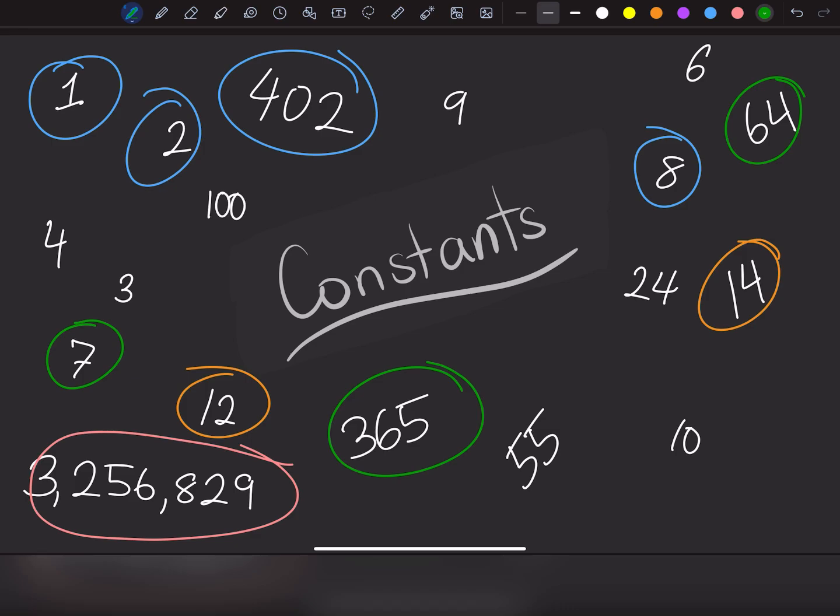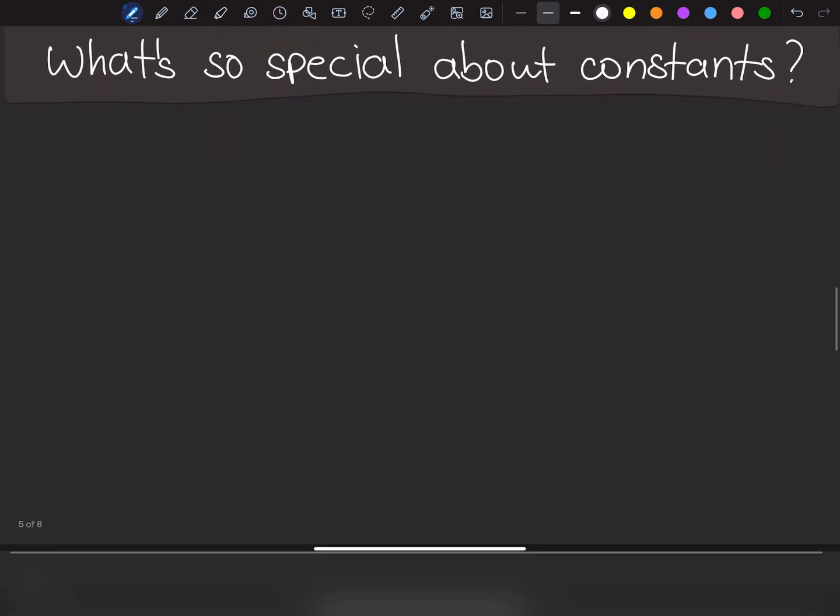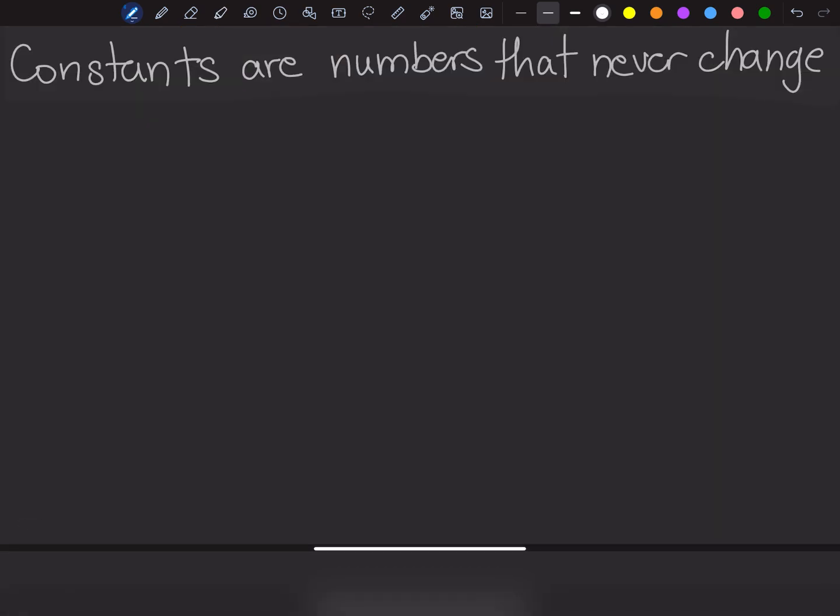So what are constants, right? Why do we call them constants? What makes them so special? Well, they are called constants because they are numbers that never change. You know what? Let me put a little asterisk there, right? Why an asterisk?